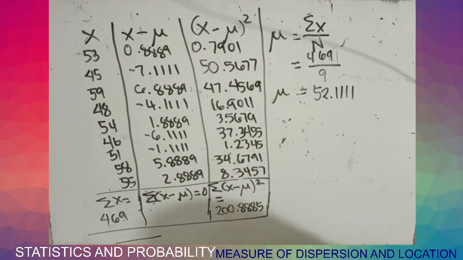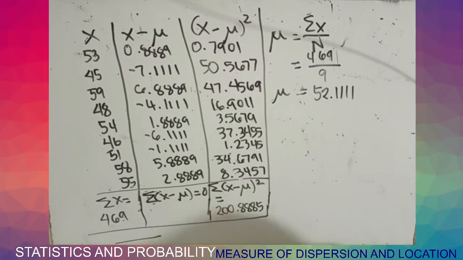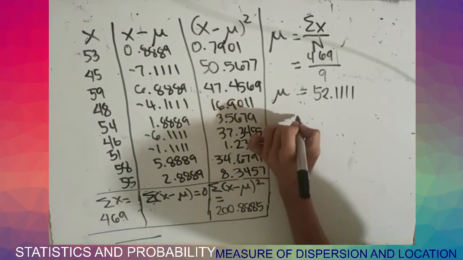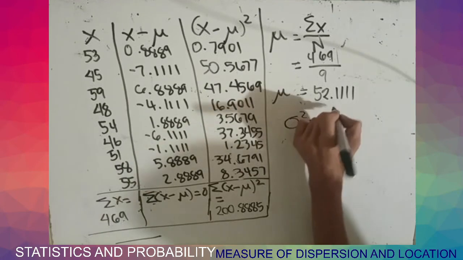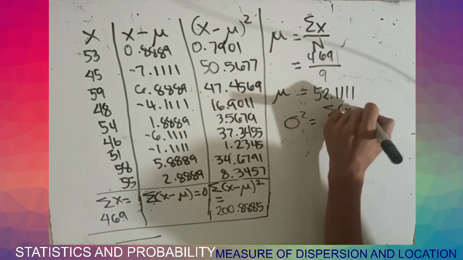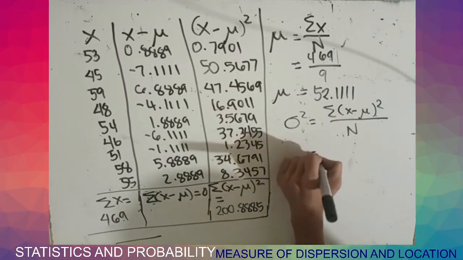Okay? So, dahil nakuha natin yung sum nito, so we will use the formula for getting the population variance and population standard deviation for ungrouped data. So, gamitin natin yung symbol na lowercase sigma squared is equals to summation of x minus mu squared over uppercase N. Okay?